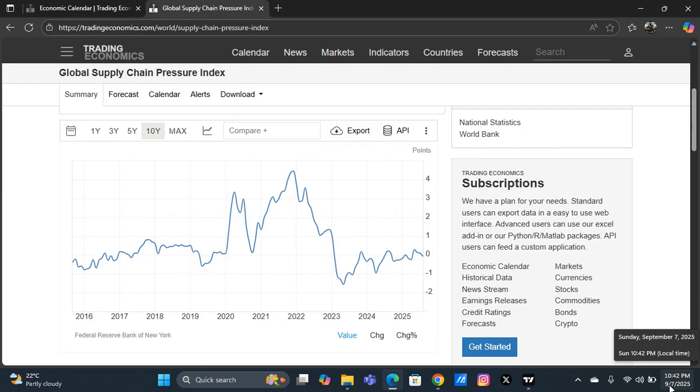That apron over there says Sunday, September the 7th, and the last economic report that was released was on the 5th of September, and here it says August. So this economic indicator is lagging by 1 month.